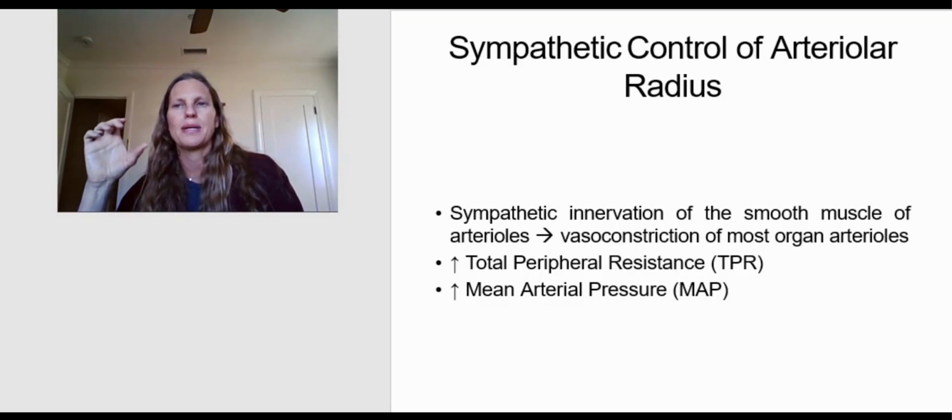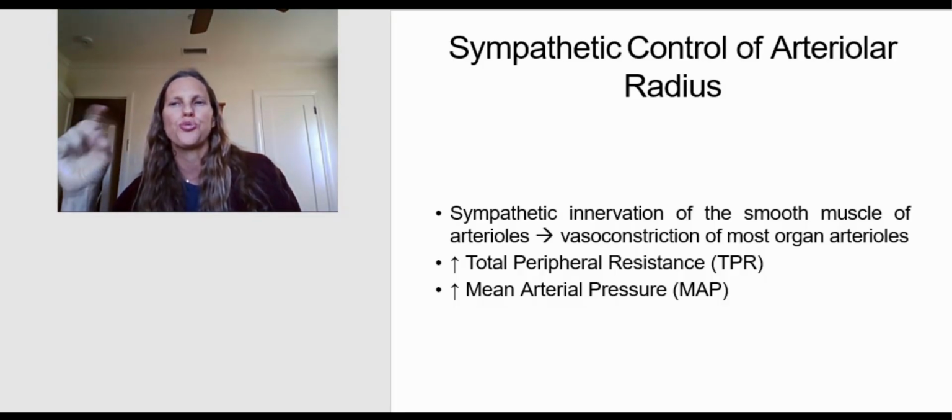The sympathetic nervous system is going to communicate directly with the arterioles, because the smooth muscle that wraps around your arterioles has adrenergic receptors located there.